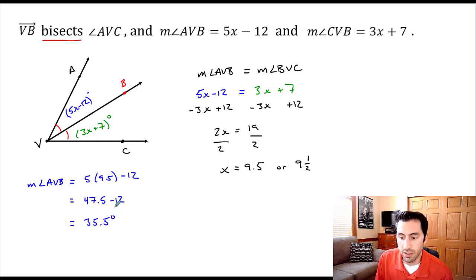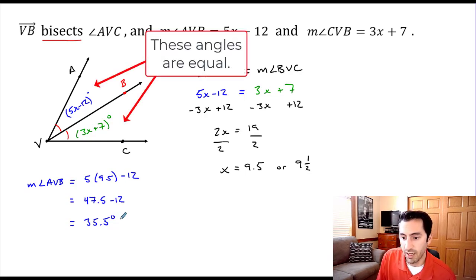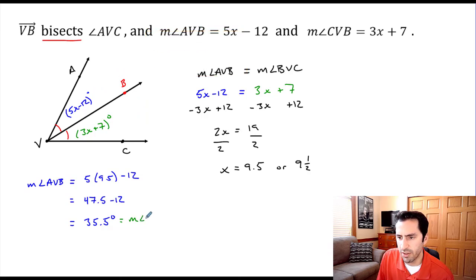Okay? Now, that is also the same as my other half. I could test that out by plugging in x, but because of the way we set up our equation, I know that the measure of angle BVC is also going to be 35.5. So this angle here is 35.5.